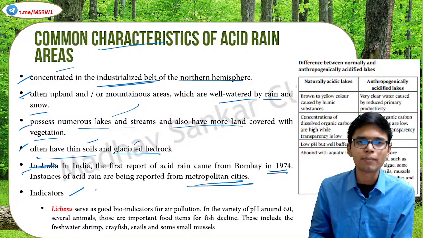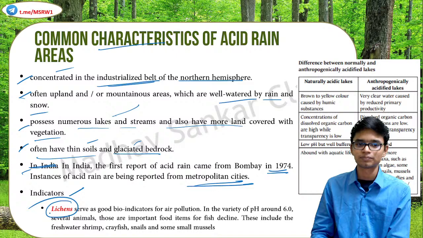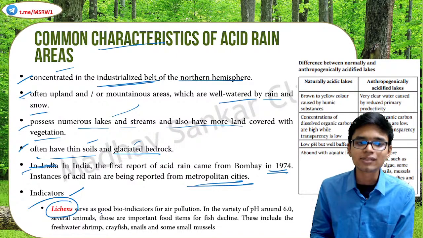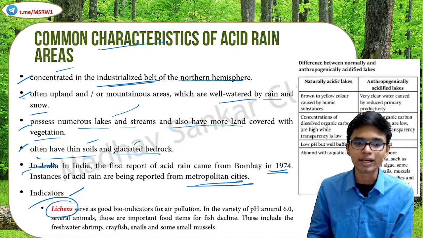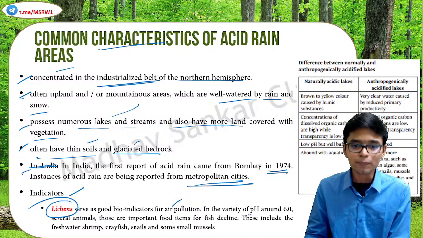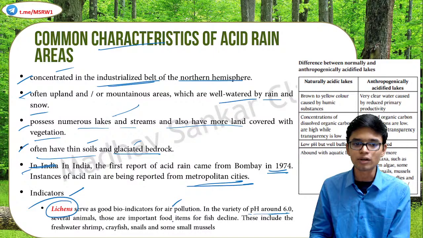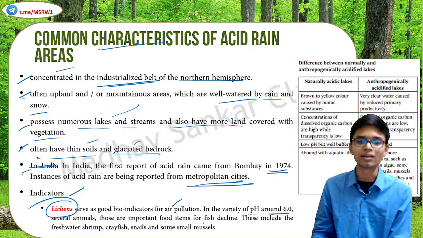Now, indicators. The best biological natural indicator of acid rain is lichen. Lichen serves as a good bioindicator for air pollution. How? At a pH of around 6.0, several animals that are important food items for fish will decline.